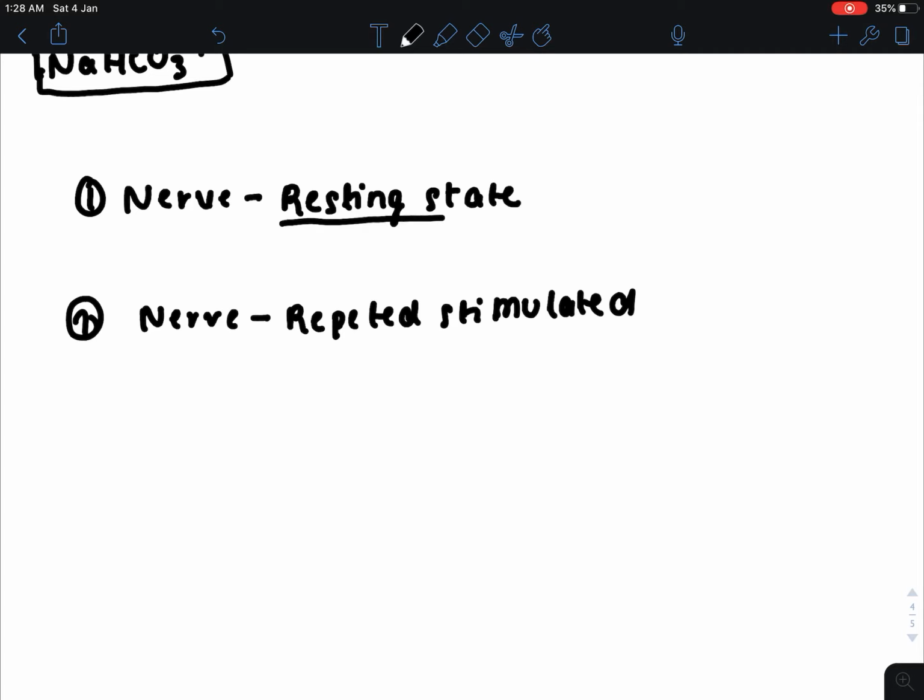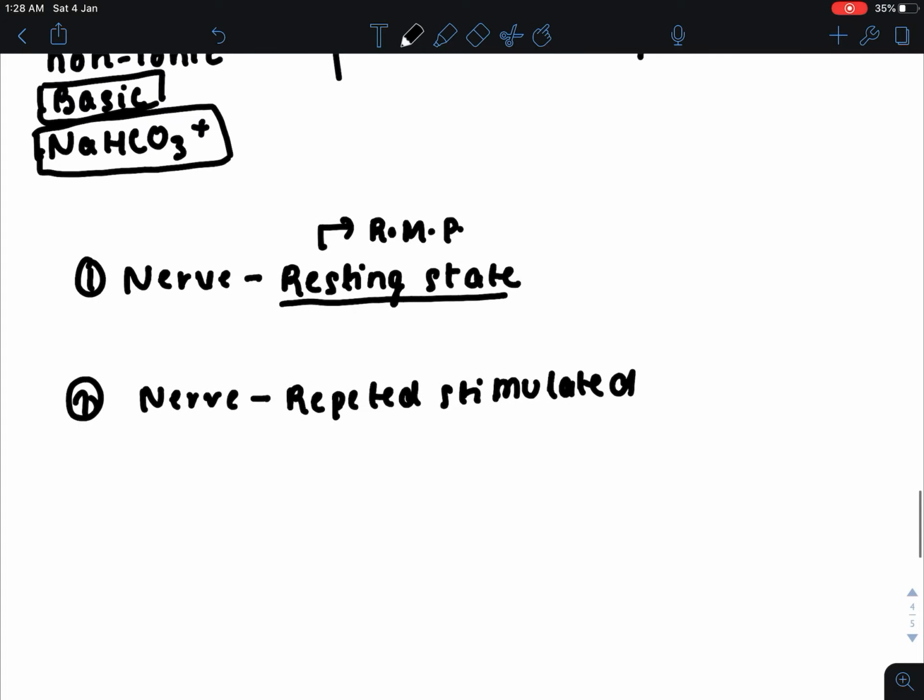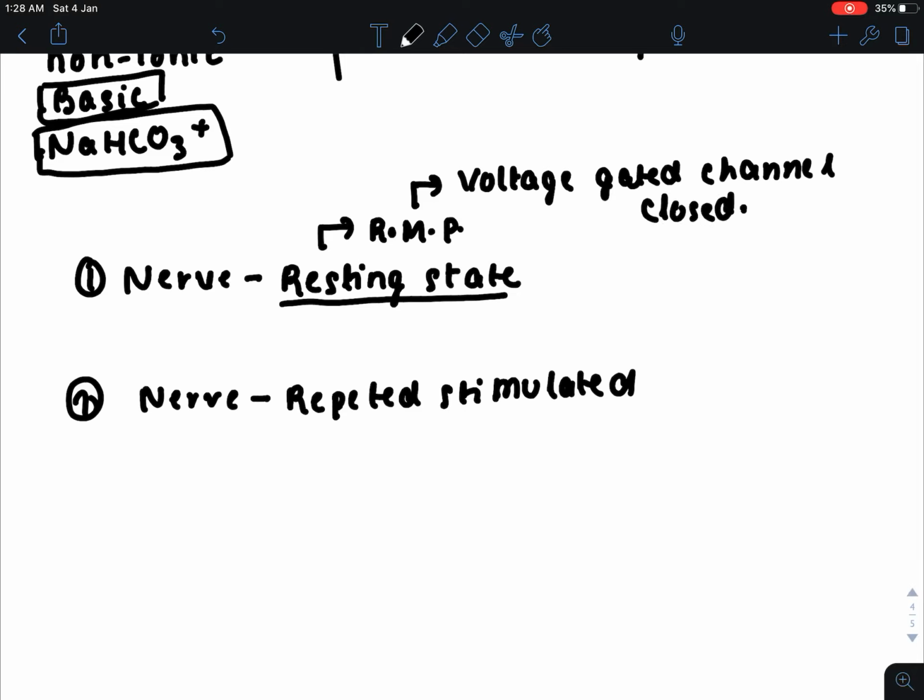Now when the nerve is in resting stage, then the membrane of the nerve will have resting membrane potential, and when the nerve is having resting membrane potential, then each and every voltage gated channel is closed. When the voltage gated channel is closed, then there will be no influx of sodium, and therefore no depolarization.